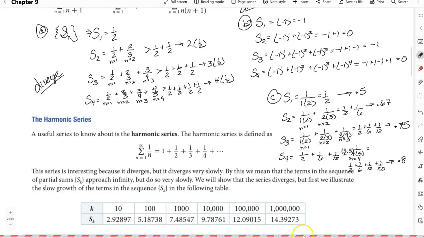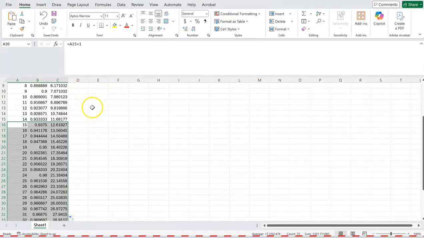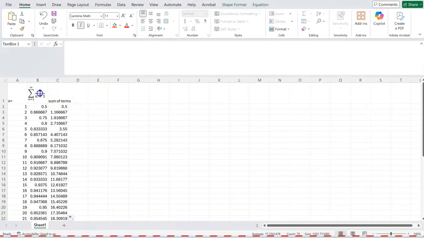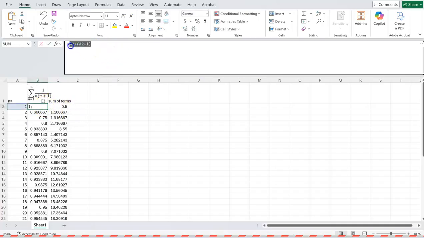So let's go back to our Excel sheet. Now we're looking at a different formula here. This is going to be 1 over n times n plus 1. So I'm going to change my formula here.